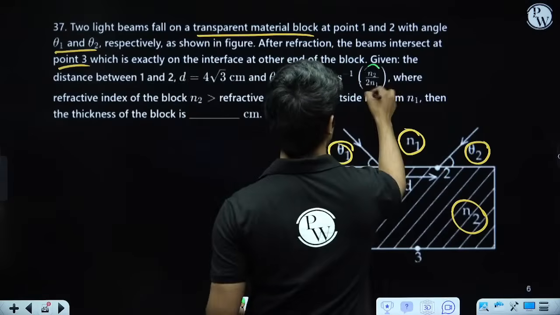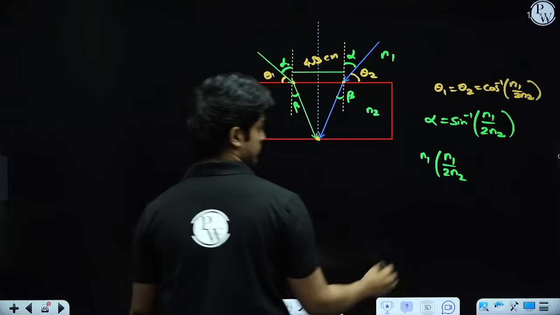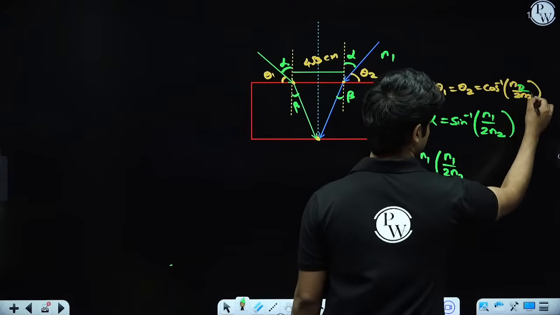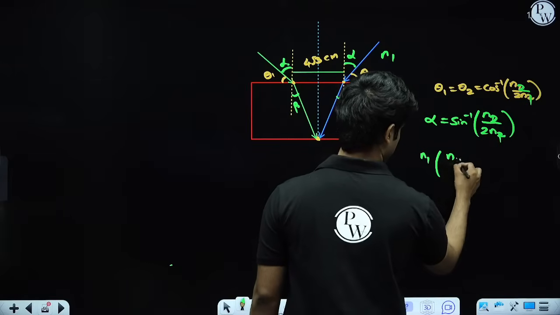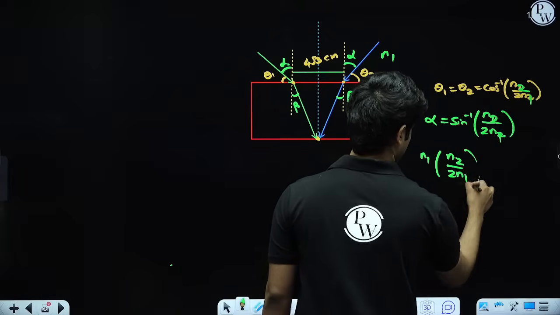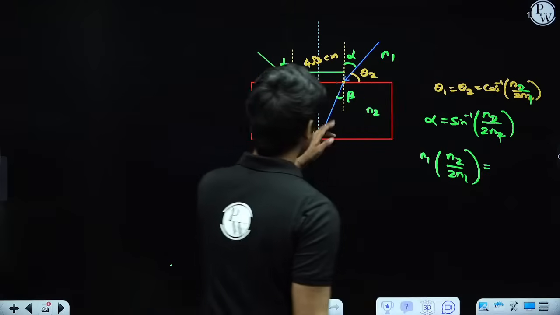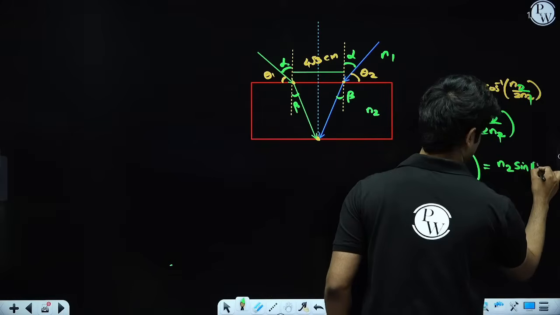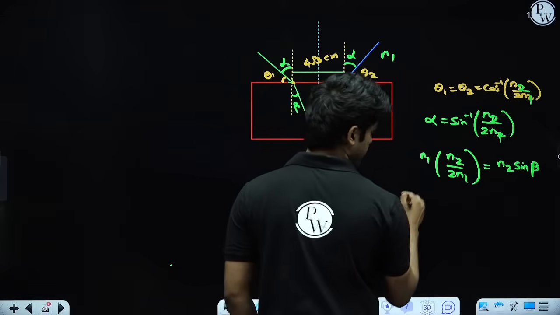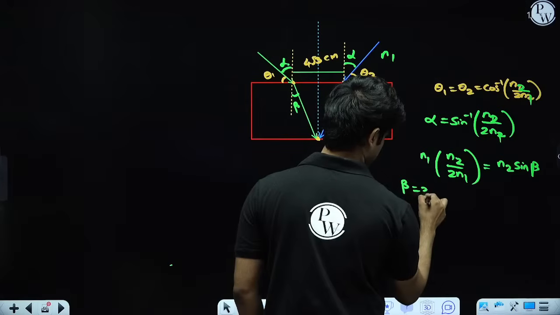This is n2 divided by 2n1, equal to n2 sine beta. So sine beta turns out to be half, or beta is 30 degrees.